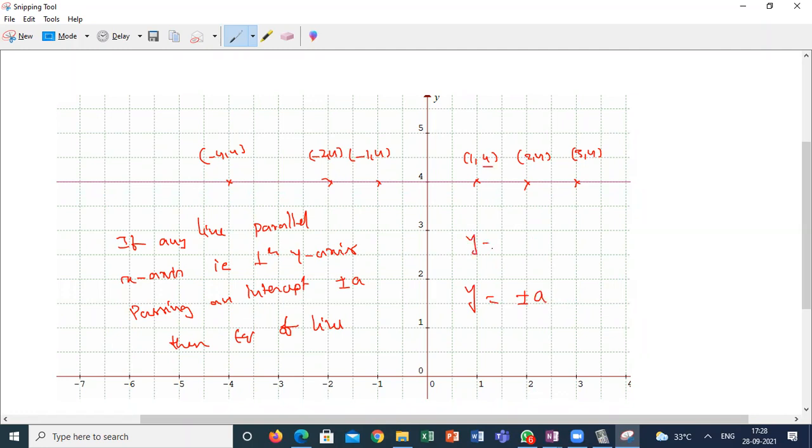That means y is equal to constant, which represents any line parallel to x-axis.